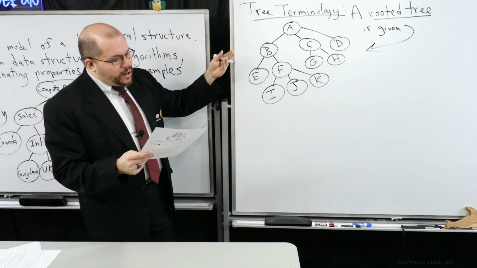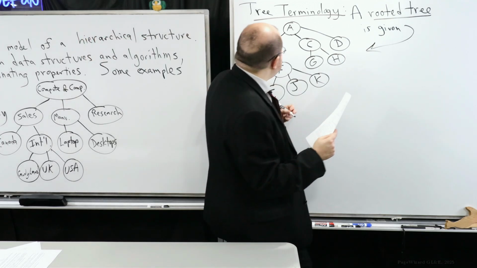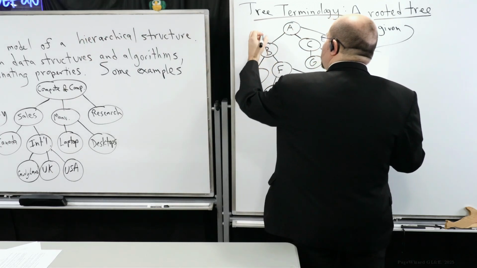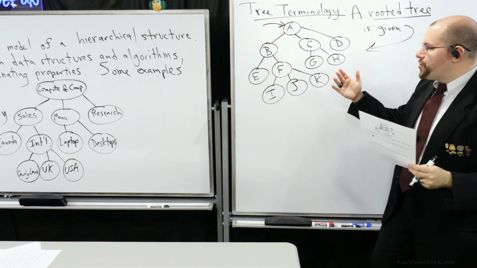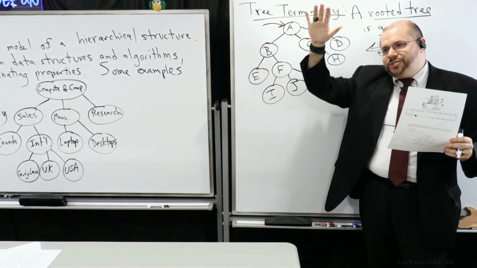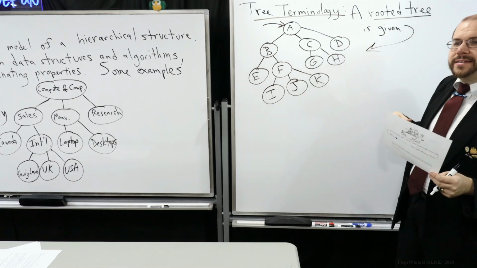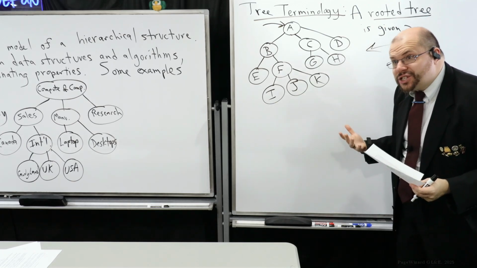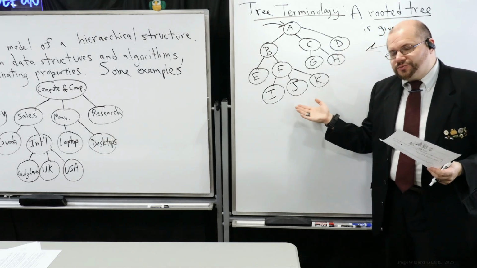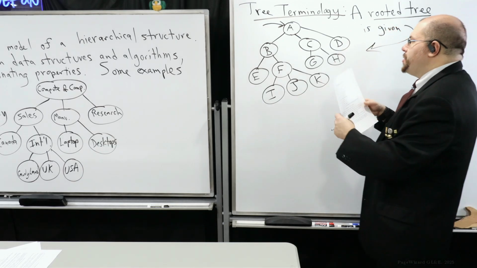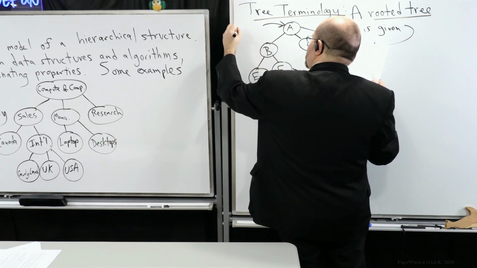So I need to talk about the terminology. As I've alluded to, kind of like our compute company example, I'm always going to draw these trees. Notice that the trees are not drawn like this. They're drawn like this. That's typical. It doesn't necessarily mean anything special. It's just very common among people that draw rooted trees that the root node is typically at the top.